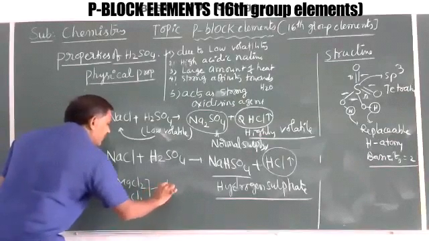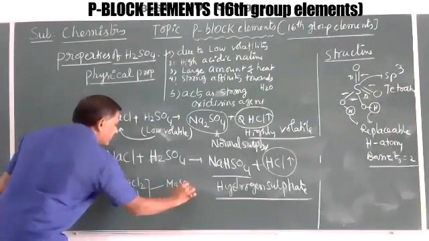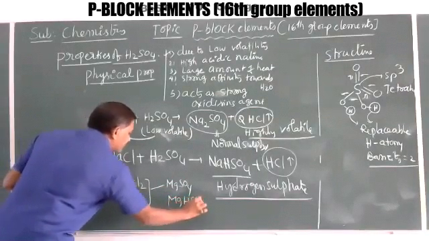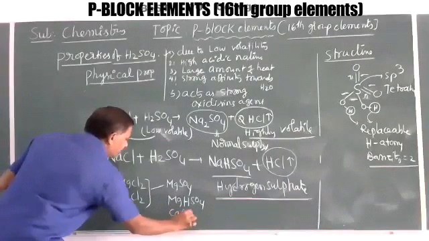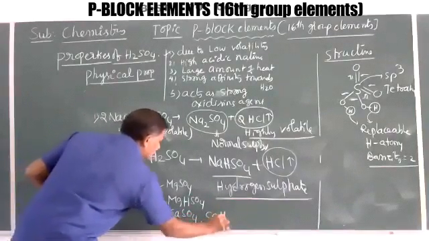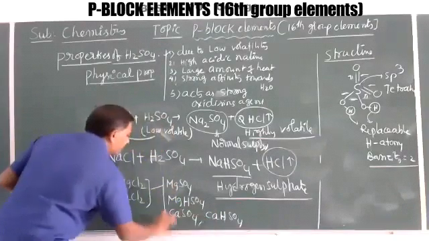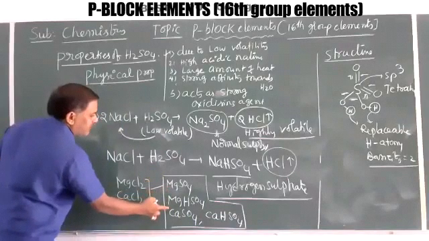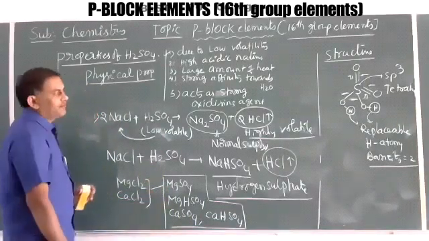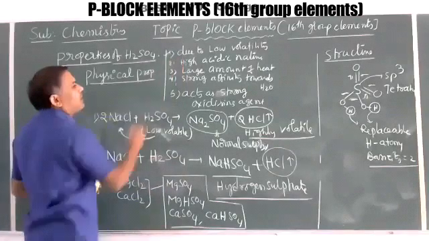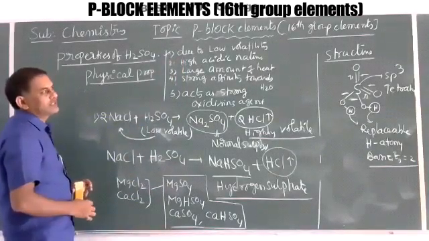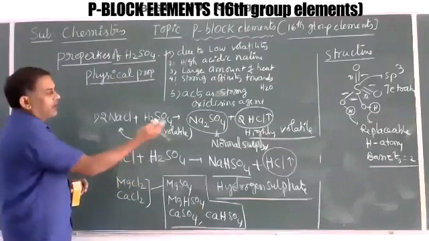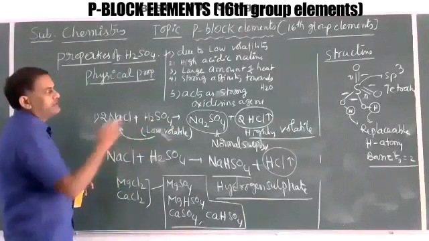It gives the corresponding magnesium sulfate as well as magnesium bisulfate, calcium sulfate, CaSO4, calcium hydrogen sulfate. Sulfuric acid forms corresponding normal sulfates as well as hydrogen sulfates. That is due to the low volatility of sulfuric acid. It creates normal sulfates as well as hydrogen sulfates, and also produces highly volatile acids.